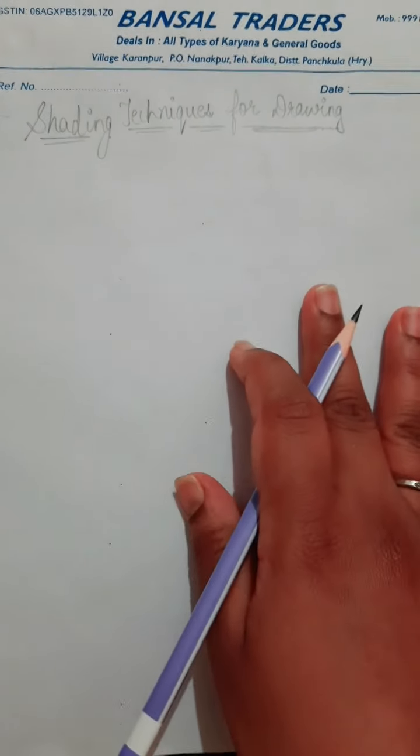There are various techniques for shading. We will do them one by one, and most importantly, shading is used to add the light and dark side in the drawing. So let us discuss the types of shading.